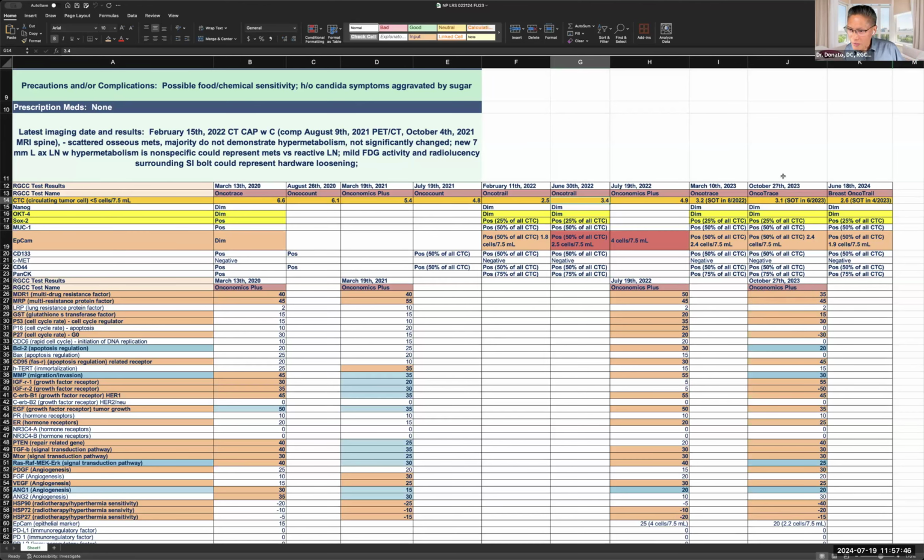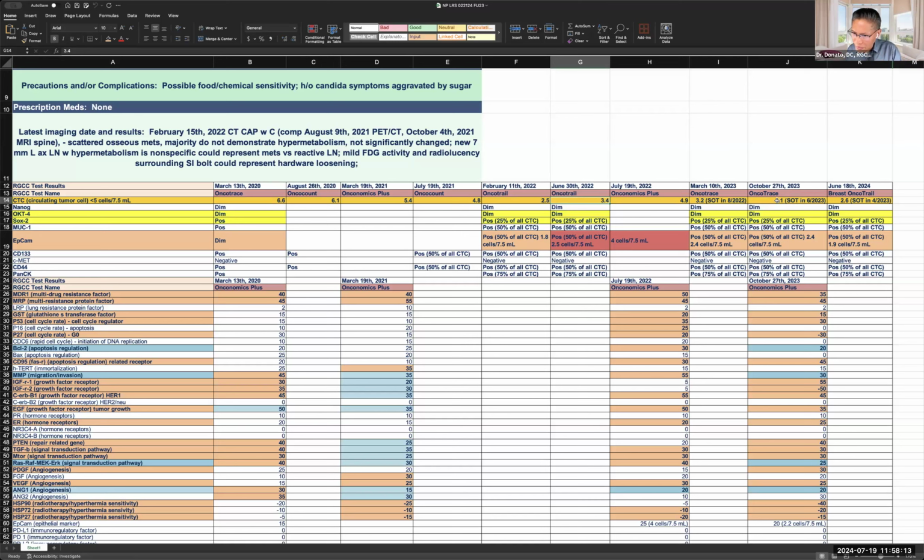And at the same time, this was October, and in June, this was June of that year, after, let's see here, this is August of 22. In June of 2023, prior to her visit with me, she had received one SOT and it came out to be 3.1. So it looked like it didn't make a difference.